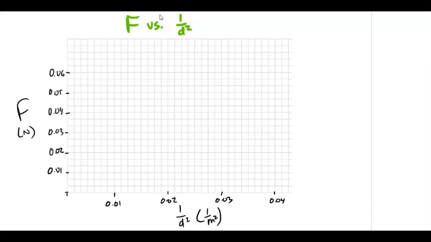And so that first point being at 0.04 and 0.064 would be somewhere about here. The next point at 0.01, so it's all the way over here, is at 0.16, which would be somewhere around here.